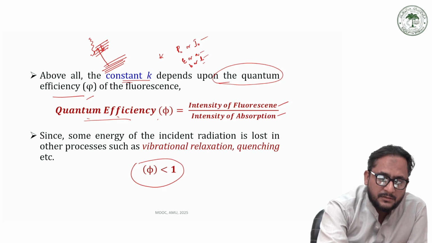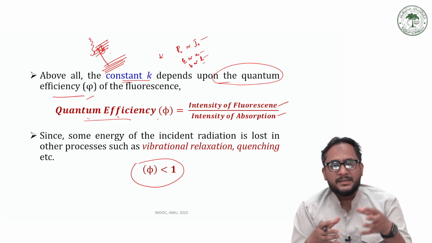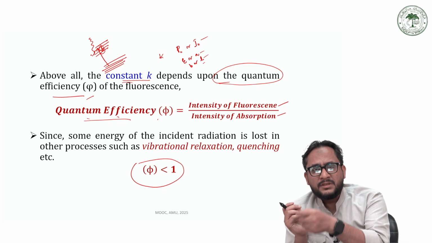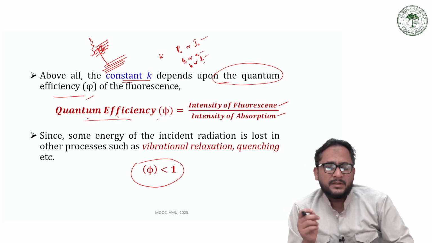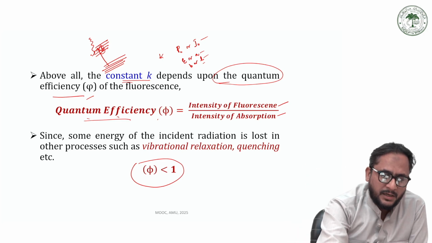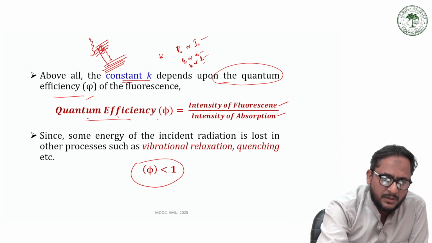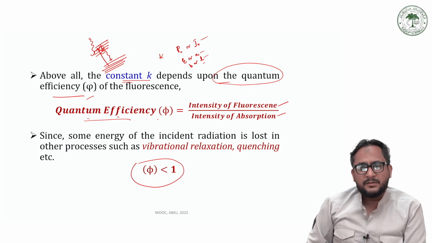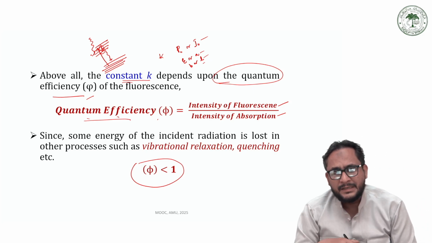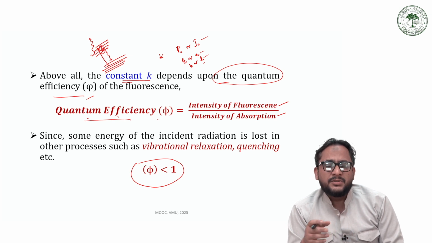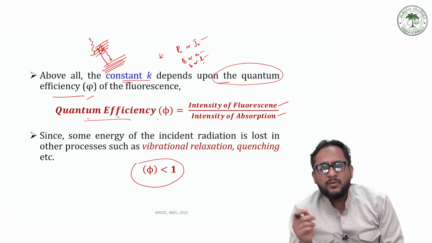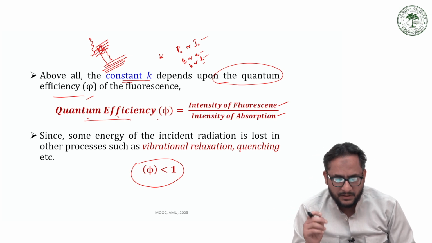So this loss causes the intensity of the final fluorescence emission to be lower than the intensity of incident radiation, and then sometimes quenching also occurs, which is also a type of non-radiative energy loss. These phenomena reduce the intensity of fluorescence light emission, and therefore the value of phi is always less than 1.